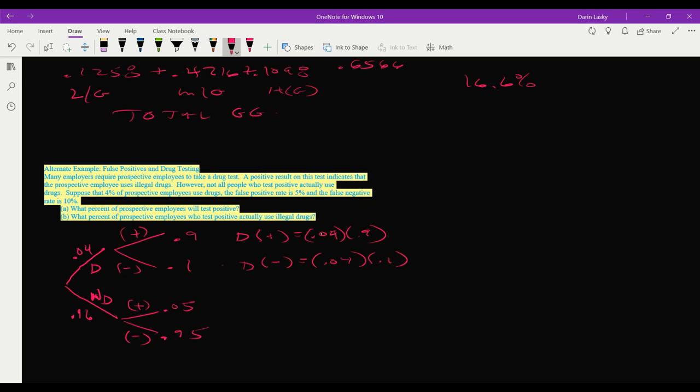This one, you don't take drugs, but you test positive, which is a false positive: 0.96 times 0.05.